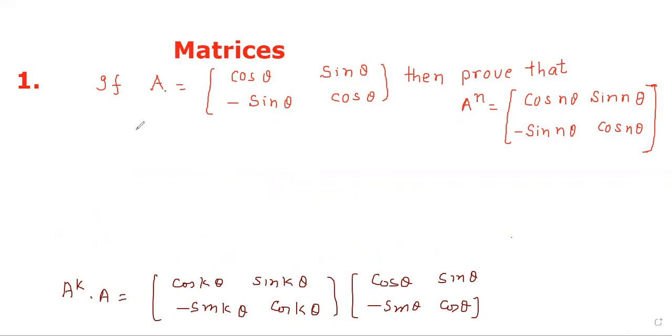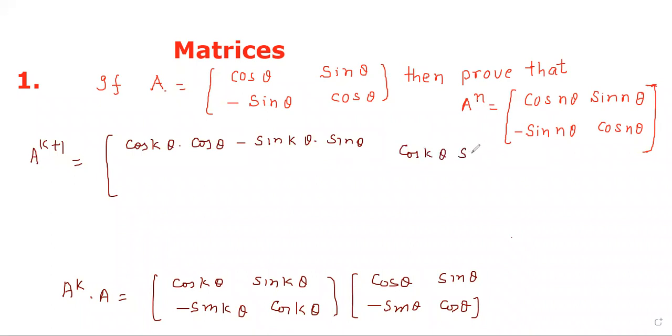Now when we multiply, we will get A power k plus 1 equal to cos k theta cos theta minus sin k theta sin theta. And the second term will be cos k theta sin theta plus sin k theta cos theta.